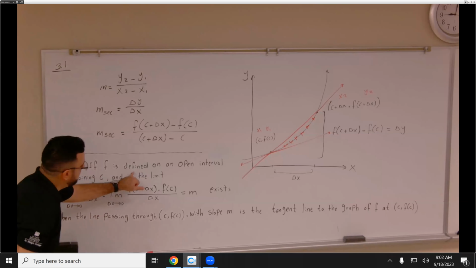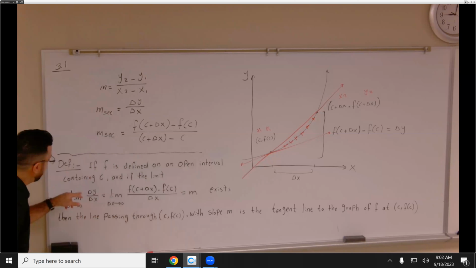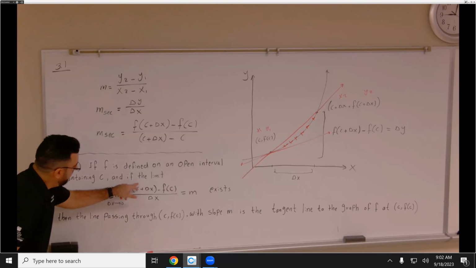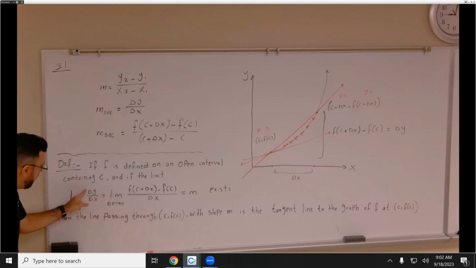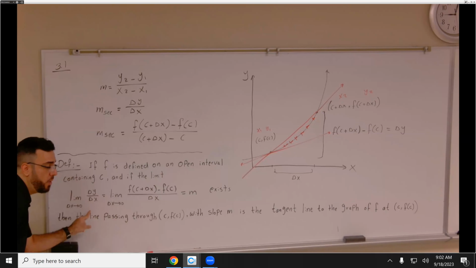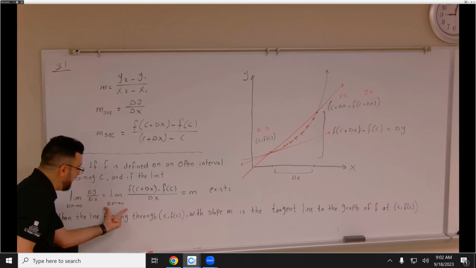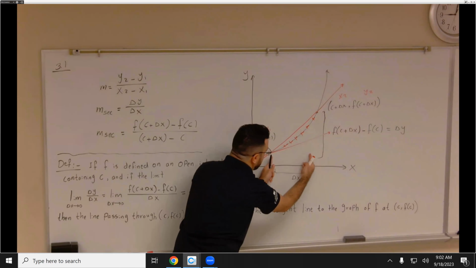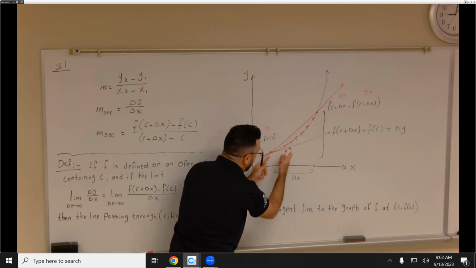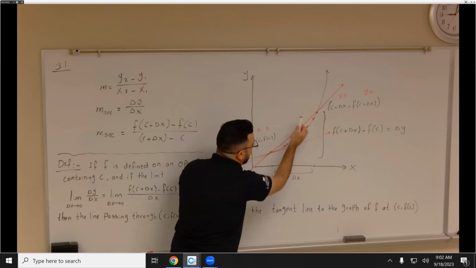If f is defined on an open interval containing c, and if the limit of delta y over delta x exists, which is the limit for the slope, that means when the distance goes closer to zero, the secant line goes closer to the tangent line.